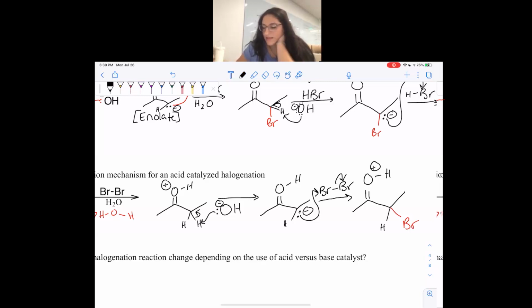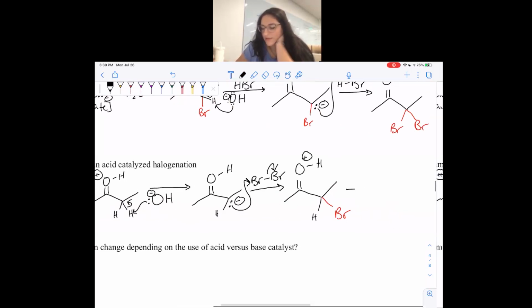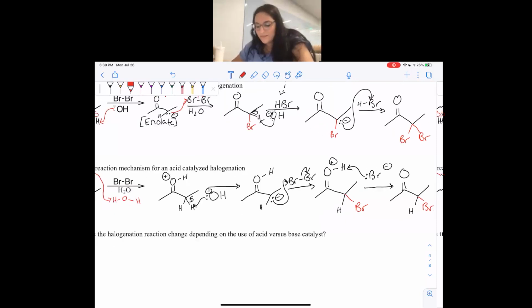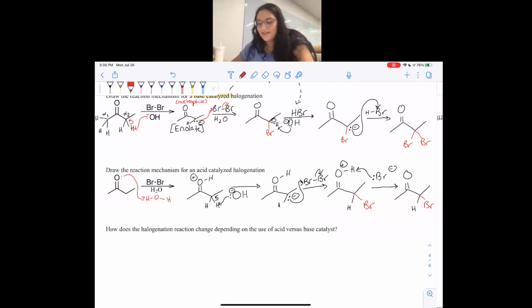And last but not least, we get rid of that plus charge by deprotonating. And at this point, we don't have any base left. All we have is acid. So we have HBr and we have H2O, and that is not strong enough to do this reaction again.